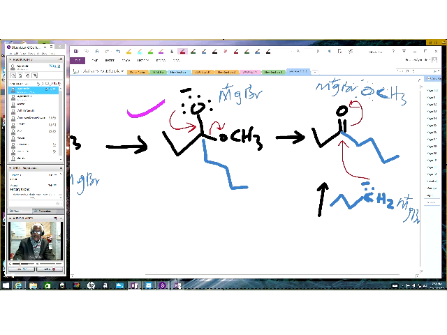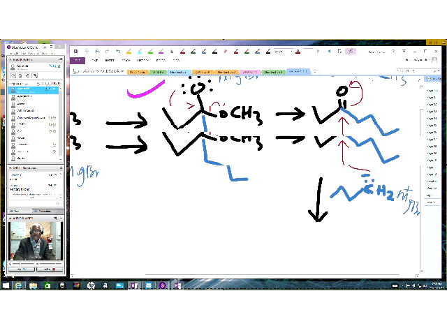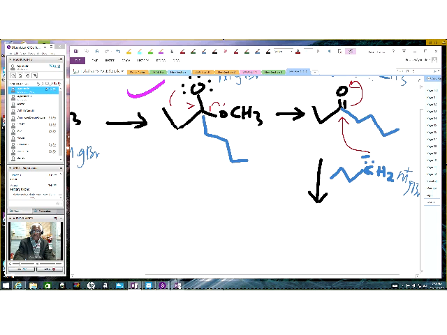Sorry, I should be drawing the arrow backward. This arrow should be going here. Okay, and so what do we have? Let us see. So now we have this.